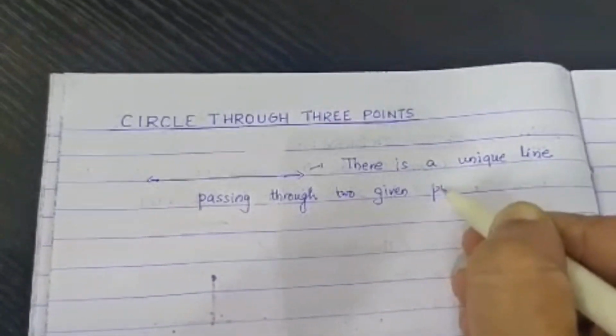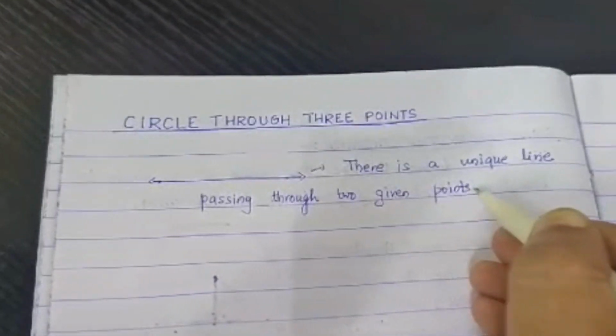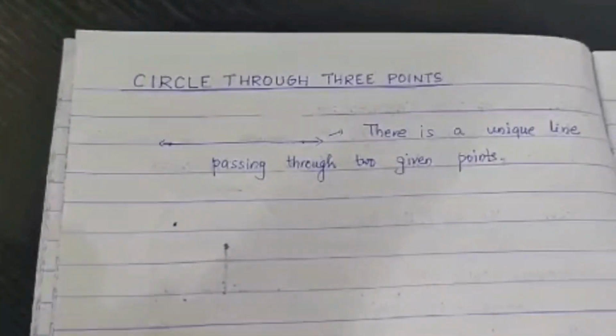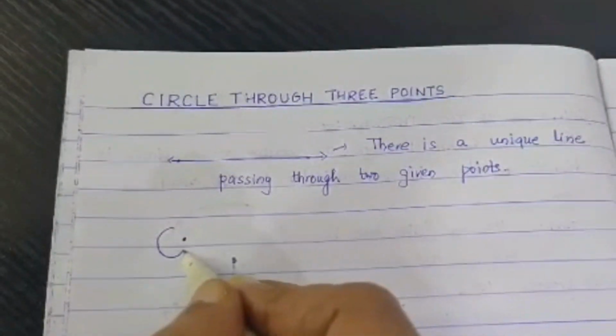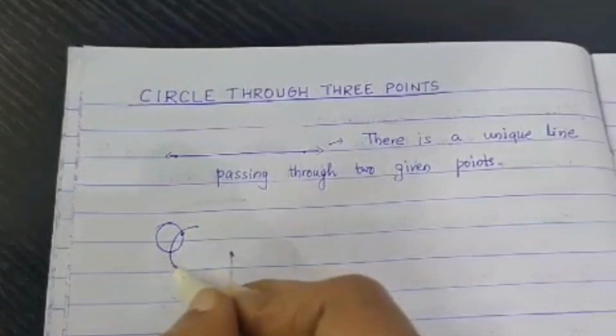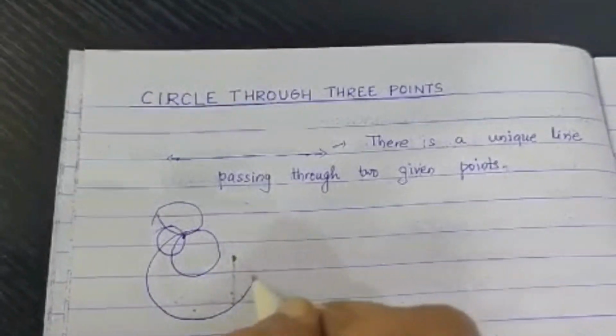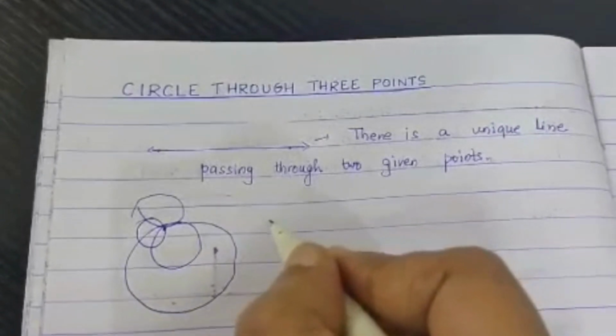Similarly, let us check how many points are needed for a circle. Let us suppose we have been given 1 point. So we can draw circles like this. Basically we can draw infinite number of circles from 1 point.